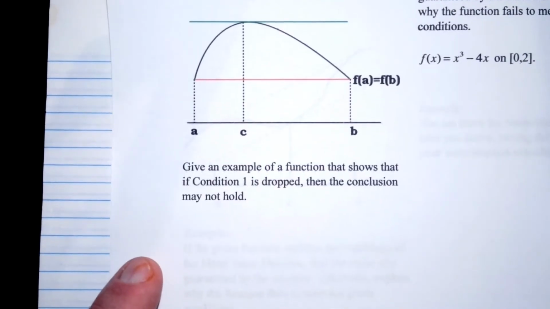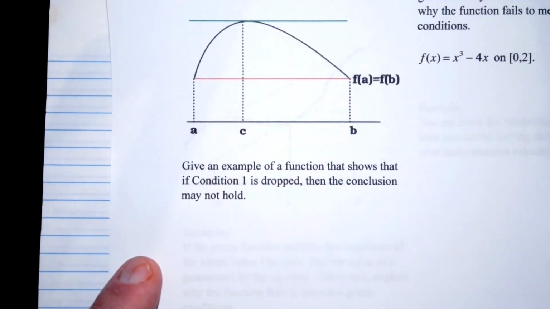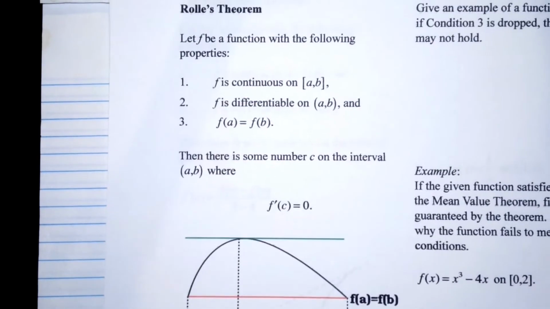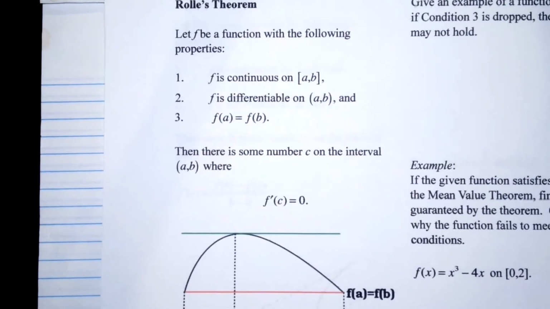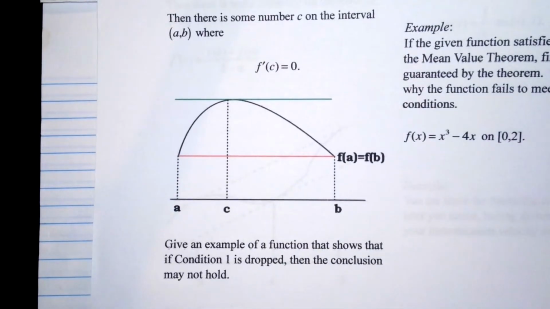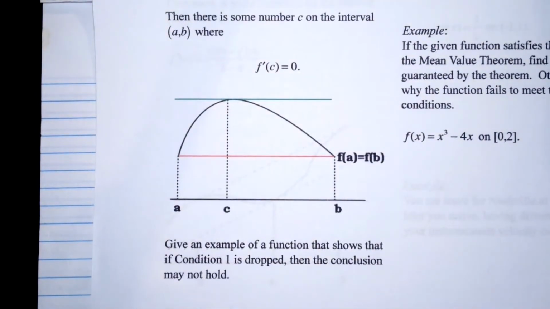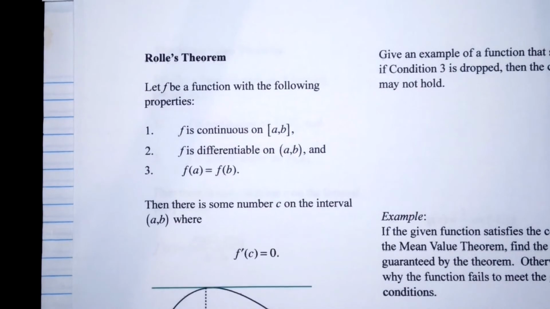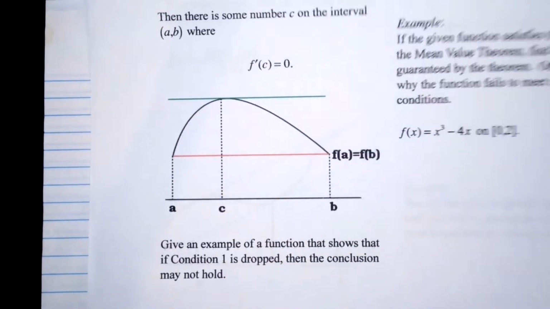Can we give an example of a function that shows that if condition 1 is dropped, then the conclusion may not hold? In other words, there is not a place where the derivative equals 0. Condition 1 is that f is continuous.